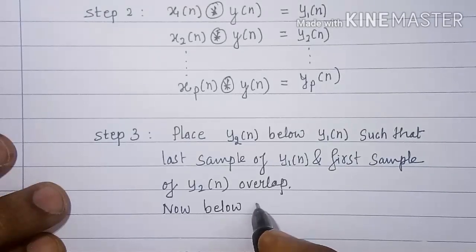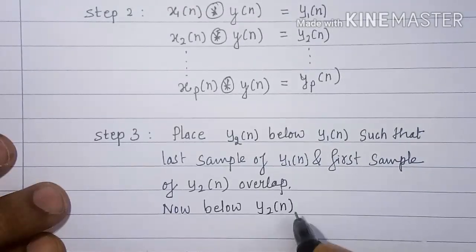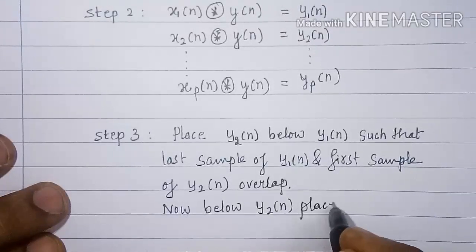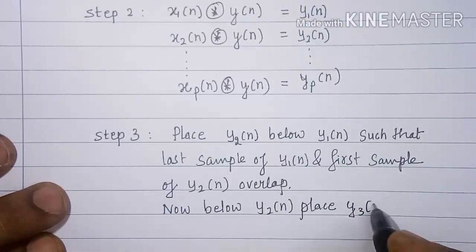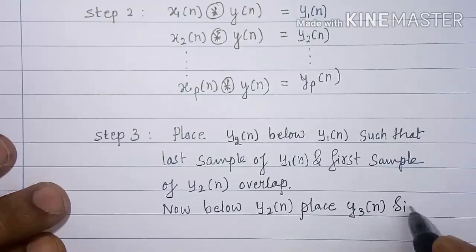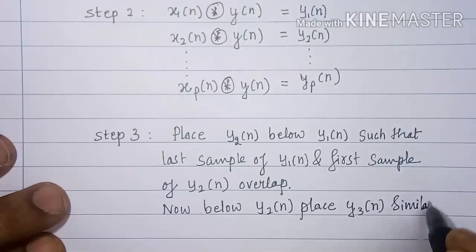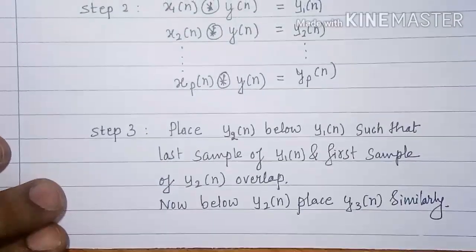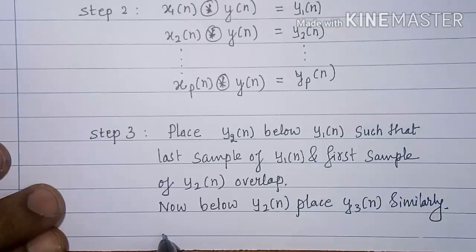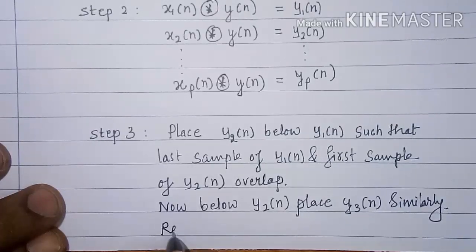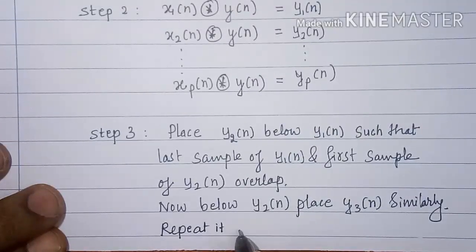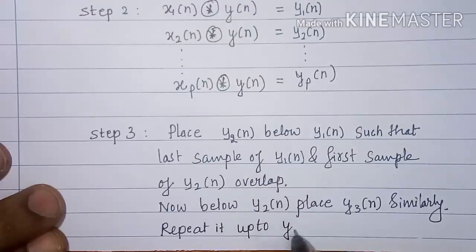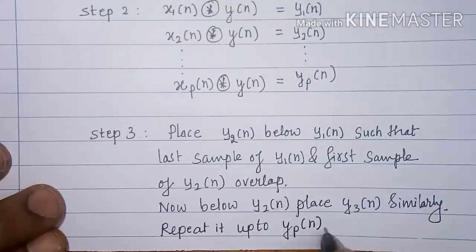Now below y2 of n place y3 of n similarly. Repeat it up to yp of n.